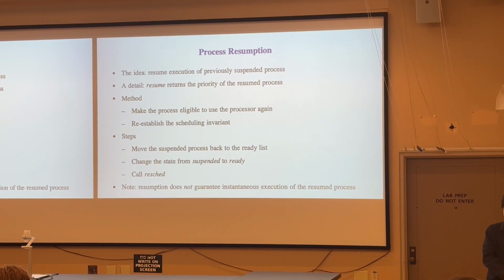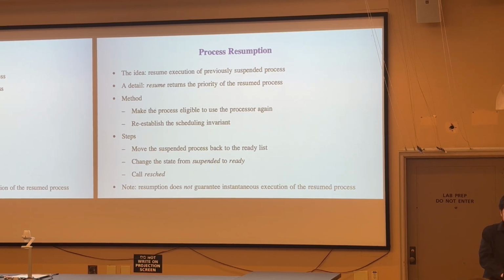So suspend changes this. When you suspend a process, this process might be the one that has highest priority. So you change its state to suspended and move it out of the ready queue, and this process that has the highest priority will not be able to run on the CPU.